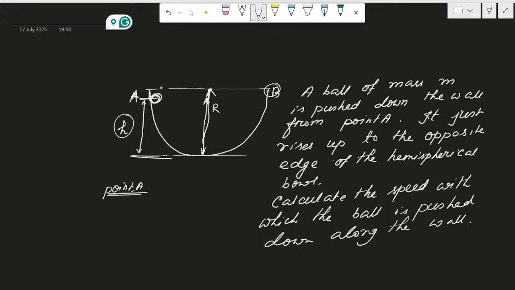Point A is not the maximum height. The maximum is R.